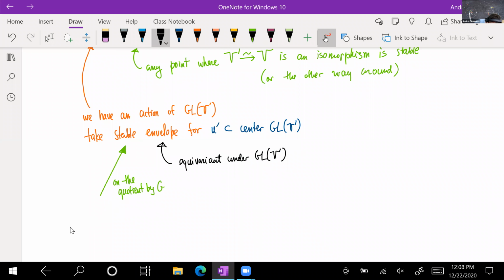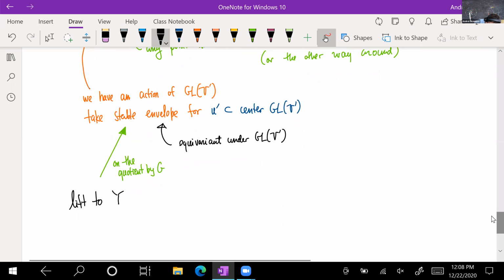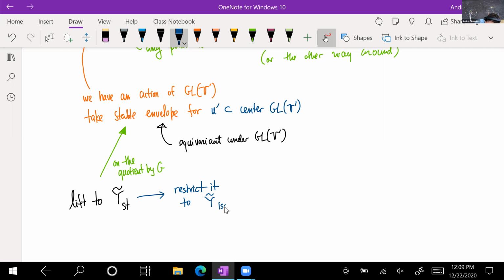And so in particular, first we will lift to Y tilde stable. It's some object, a cohomology class or K-theory class or elliptic class on the quotient by the group G, and we can lift it to the stable locus. Then we can restrict it to Y iso.